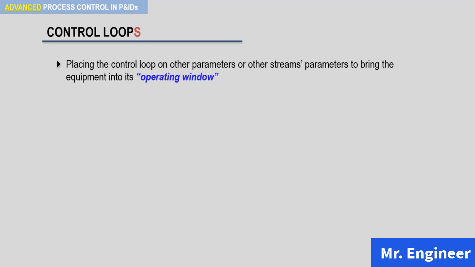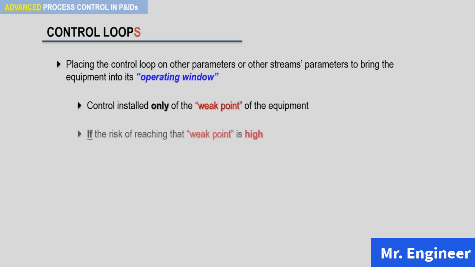We only install control on the weak point of the equipment, if the risk of reaching that weak point is high. Here, weak point means a process parameter related to the equipment, whereby if a process stream reaches that point, there is a chance of a process upset or of losing the equipment due to equipment failure.